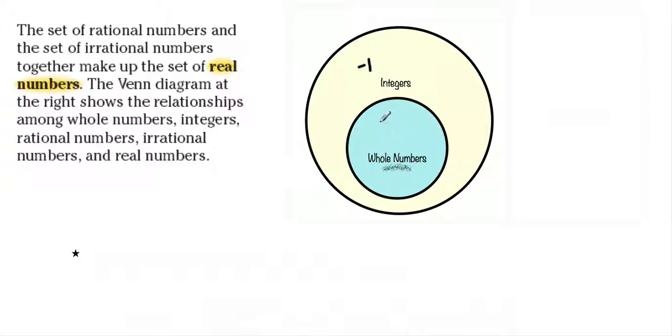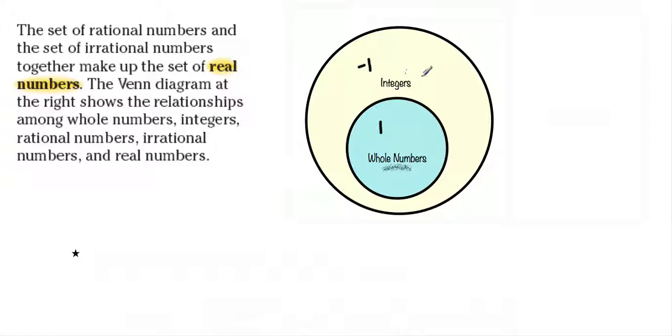Whole numbers will include 1, and negative 1 is the opposite of 1. So negative 1 is an integer, but negative 1 is not a whole number. Which simply states that all whole numbers are integers, but not all integers are whole numbers.